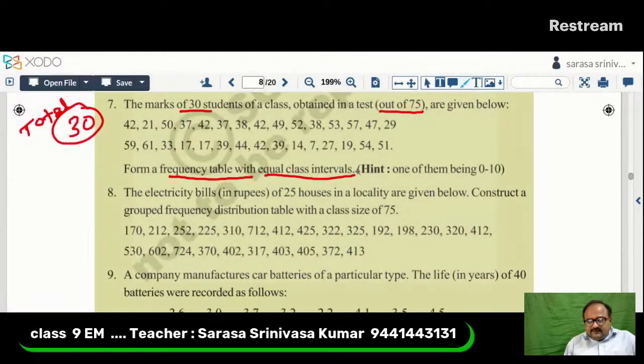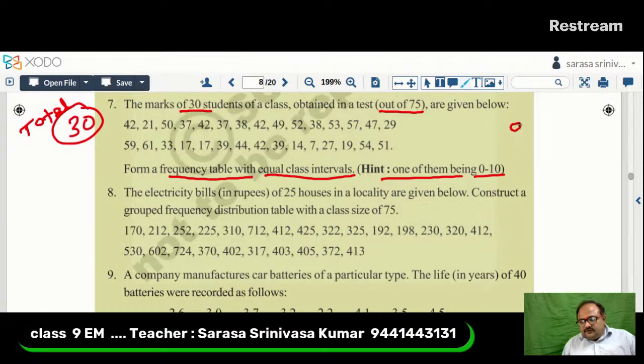The size of all class intervals should be 10 only. Here it is given one of them being 0 to 10. So that means we can write here up to 75.